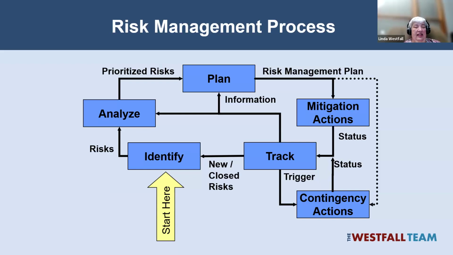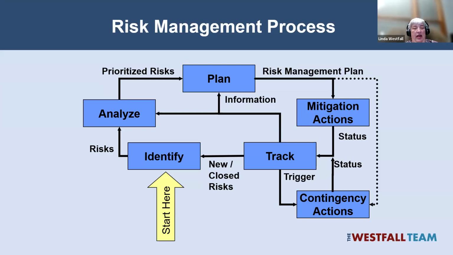That feeds into the analysis step, which we're going to be talking about today. The main output of the analysis step is to take all those identified risks and prioritize them. Some risks will be so large that you may decide to avoid them. Other risks may be so small that you decide to just accept them and not do anything about them. So we're going to talk about that analysis step and what goes on there.